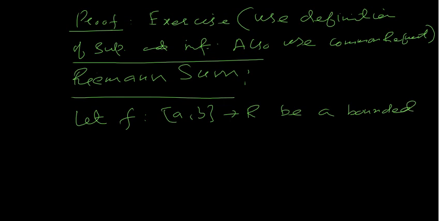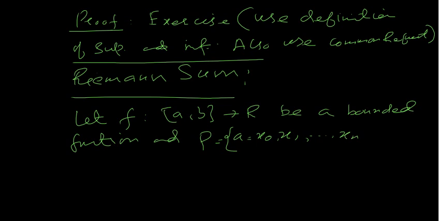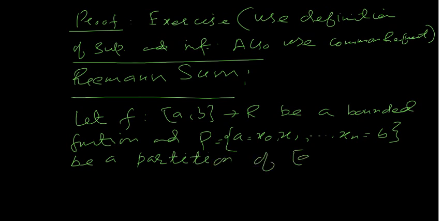And let P, which is equal to the set a = x0, x1, ..., xn = b, be a partition of the interval [a, b]. This is the partition of the interval [a, b].